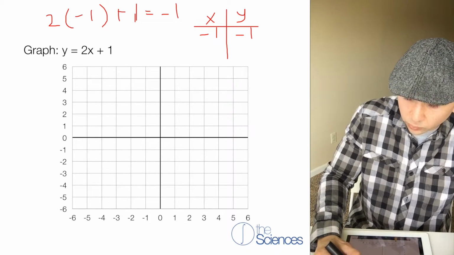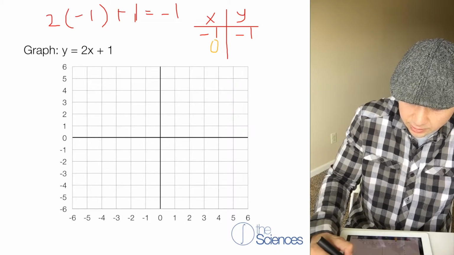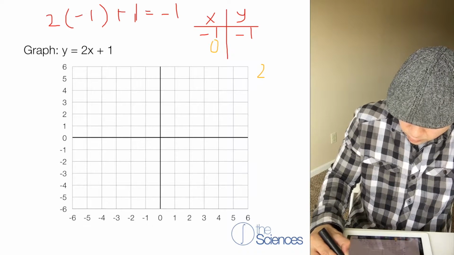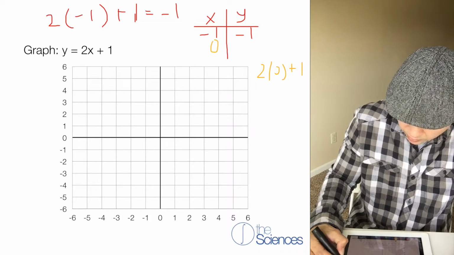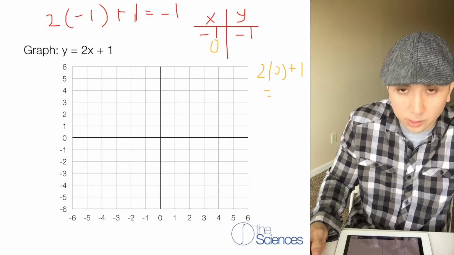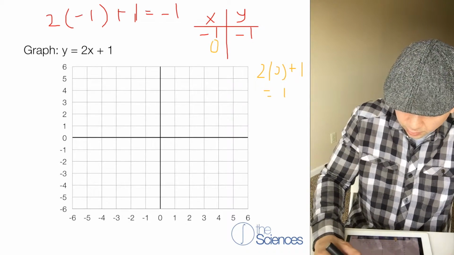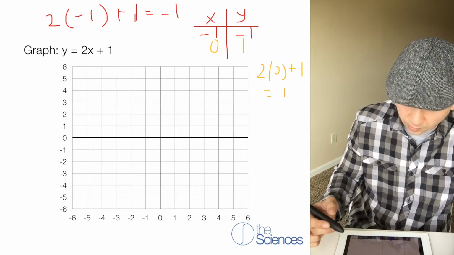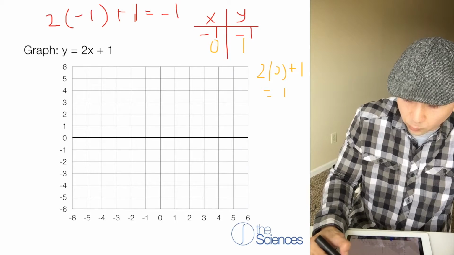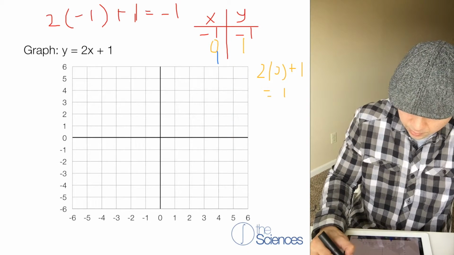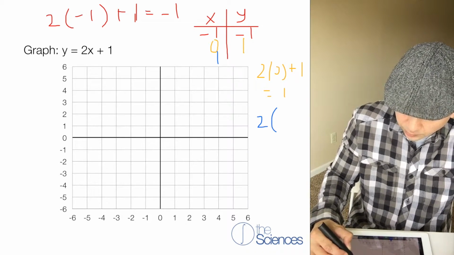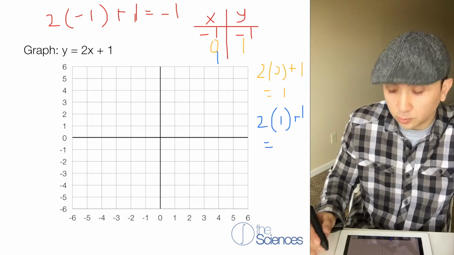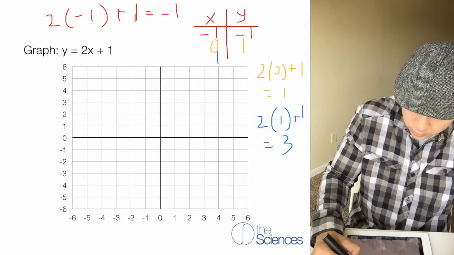Now, what would y be if x is 0? 2 times 0 plus 1: 2 times 0 is 0, plus 1 is 1. So when x is 0, y is 1. Now, what would y be if x is 1? 2 times 1 plus 1: 2 times 1 is 2, plus 1 is 3. So y would be 3.